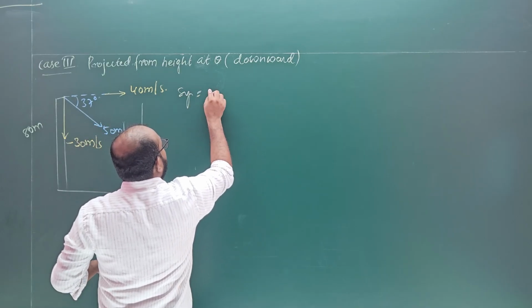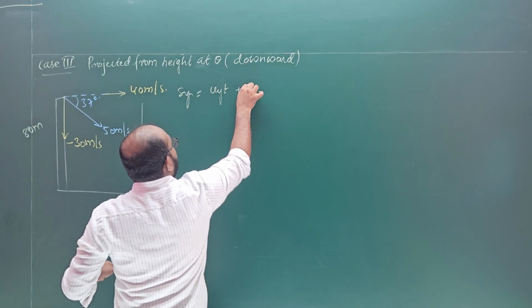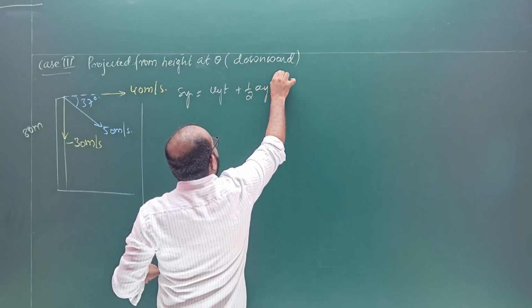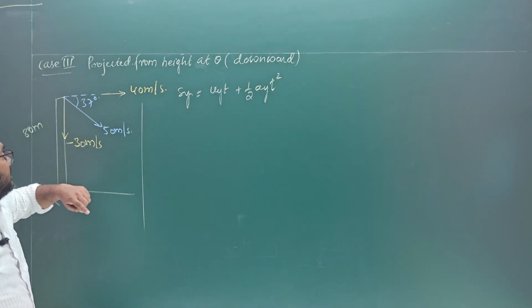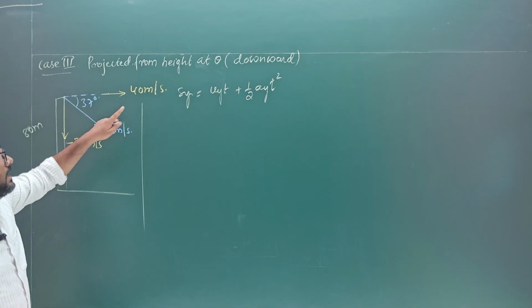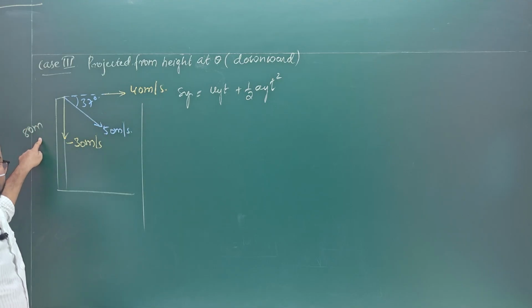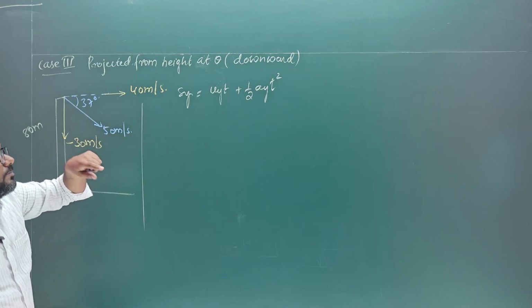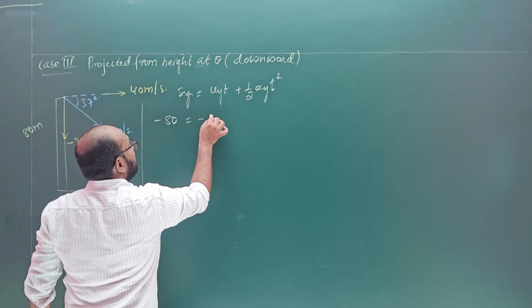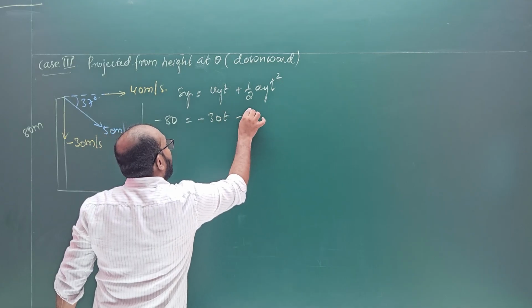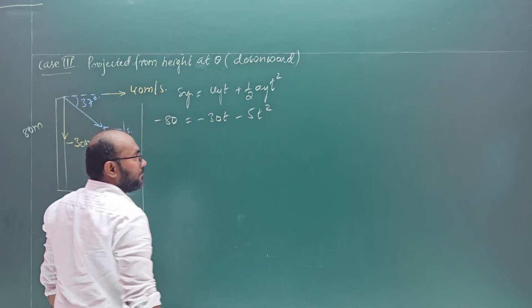So for time, sy is equal to uy t plus half of ay t square. Can I write like this? Yes or no? Uy is minus 30 this time. Sy is also minus 80. g is also minus. This time all quantities are in negative sign. So minus 80 is equal to minus 30t minus 5t square.